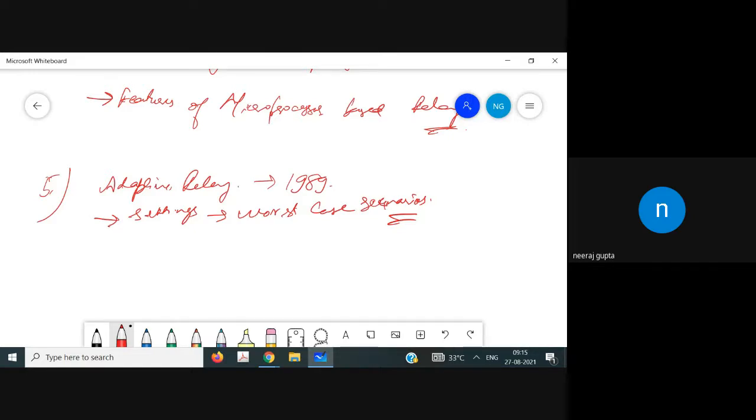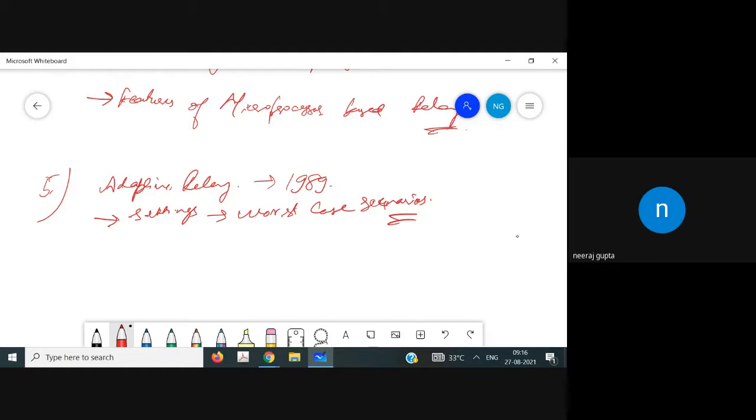The philosophy of this kind of relaying was presented in 1989. The fixed operating characteristic of the relay may not be able to give the required speed, selectivity, and sensitivity under all other operating conditions of the protective system. So why adaptive relaying?